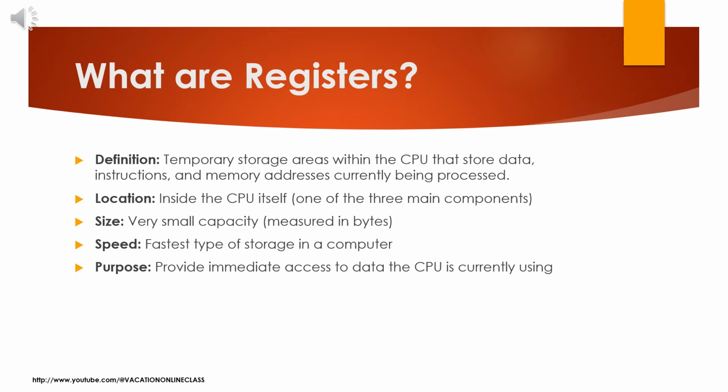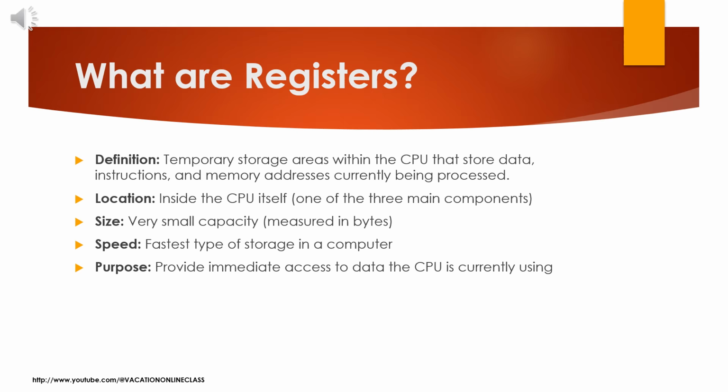While their location is internal, their size is actually very small, usually measured in just bytes. However, don't let the size fool you. Because of their location, registers are the fastest type of storage in the entire computer.